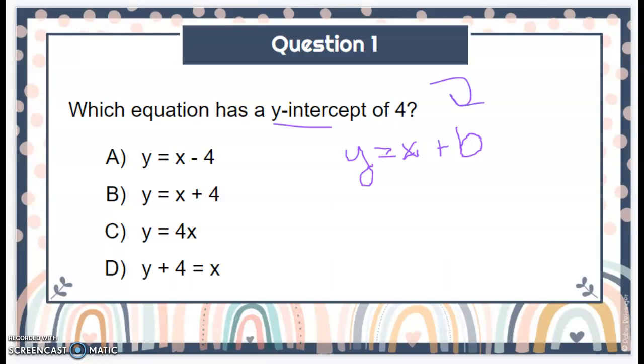We can automatically eliminate answer choice C, because that's multiplication, that's proportional, and it says y plus 4. Y'all, we ain't done anything with y plus 4. Because this just says 4, it doesn't say plus or minus, we know that's going to be a positive, so you should have been left with answer choice B.